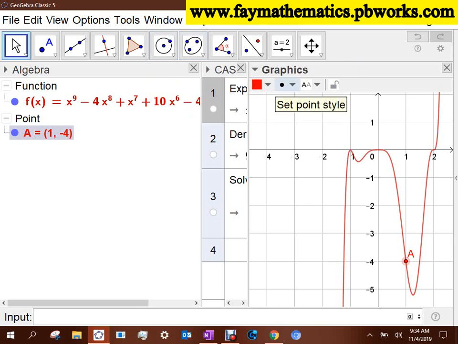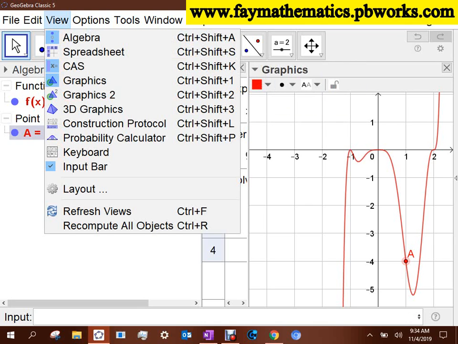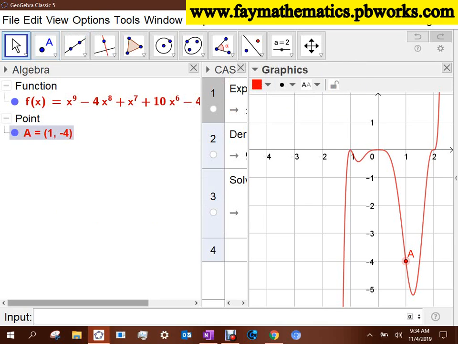If I asked GeoGebra to actually find that minimum, let me just do this. It was positive square root of 313 plus 5, divided by 18.